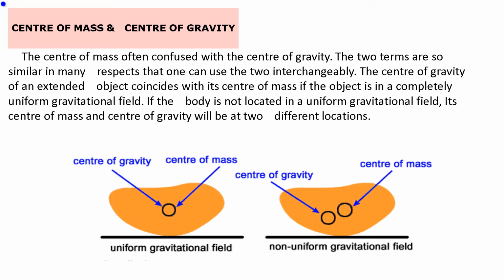Now if you see the diagram, we can distinguish center of mass and center of gravity with the help of the gravitational field. If there is a uniform gravitational field, then the center of mass and the center of gravity of a particular object are the same.